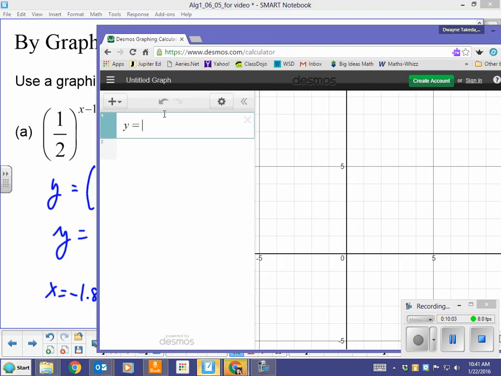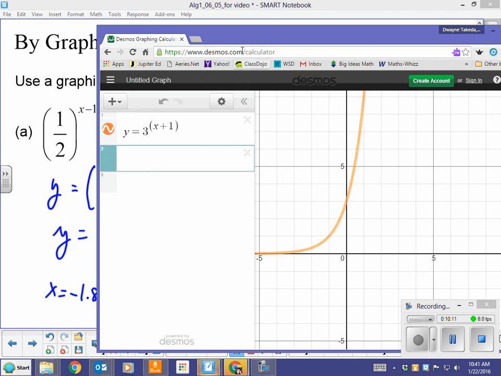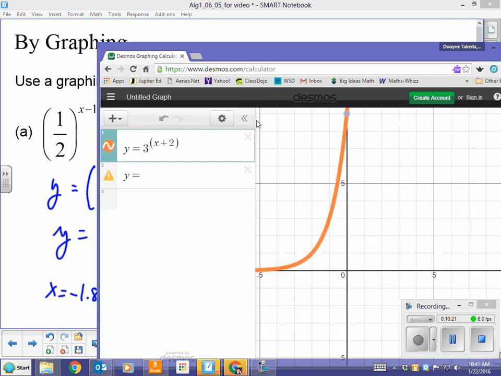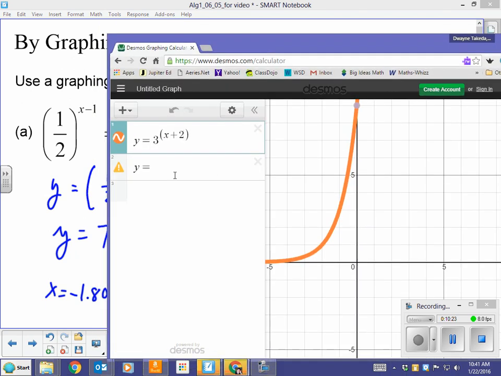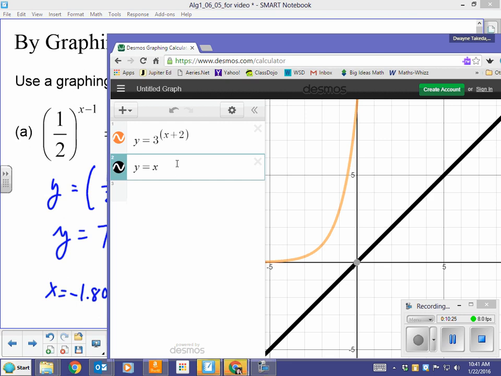So y is equal to 3 to the power of x plus 2, sorry, I think this is x plus 2. Yep. And this was y just equals x plus 1.